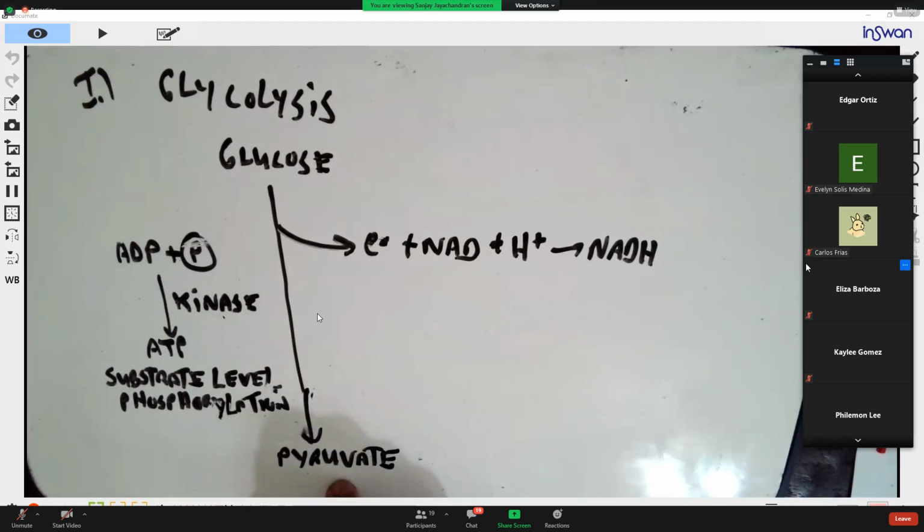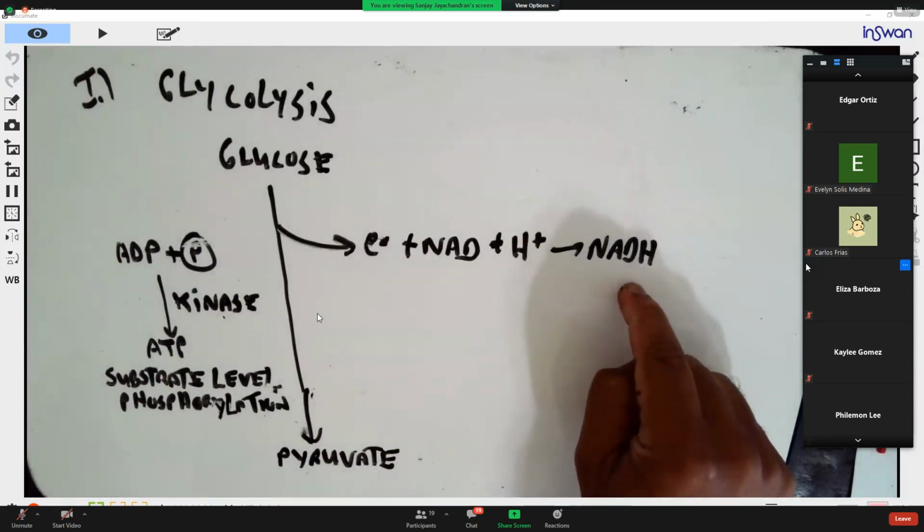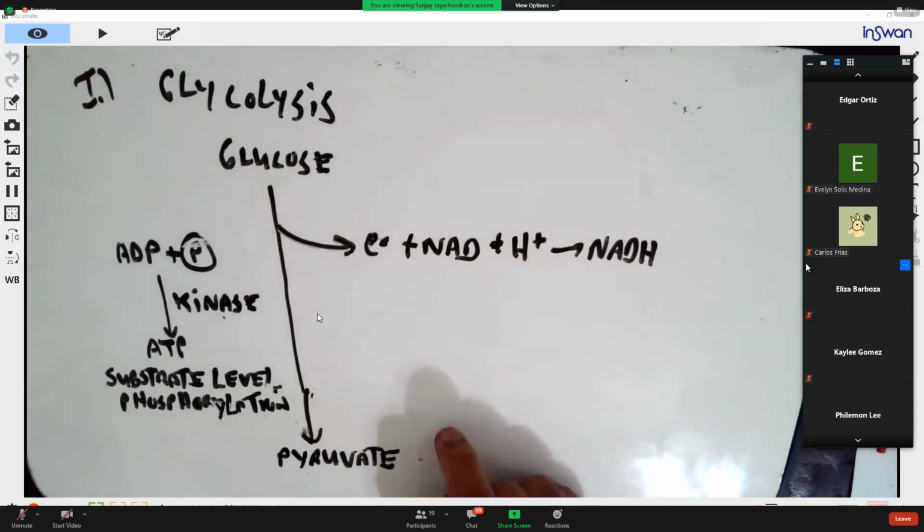What else? ATP. ATP, right? What's the third one? NADH. NADH. Excellent. This is what's holding on to the high energy electron. So NADH, pyruvate, ATP. We're good?